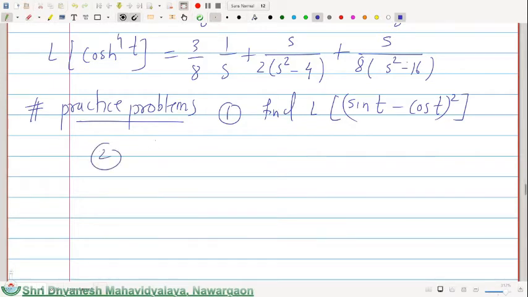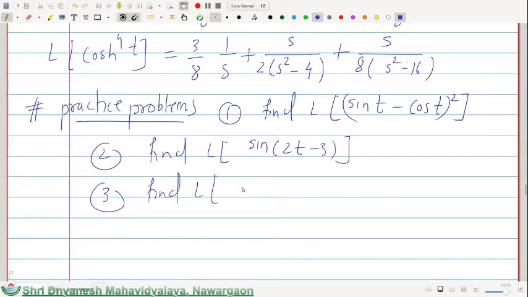Number 2, find the Laplace transform of sin 2t minus 3. Number 3, find the Laplace transform of sin t sin 2t sin 3t.